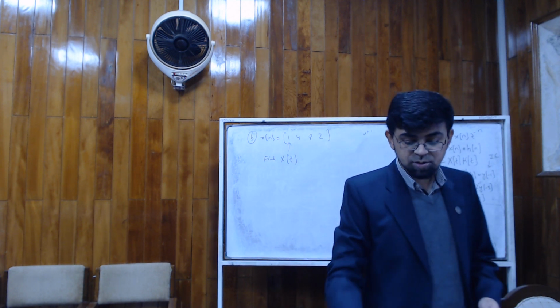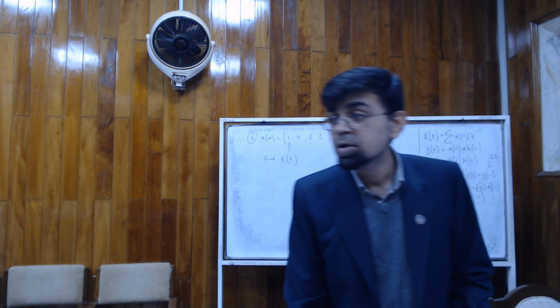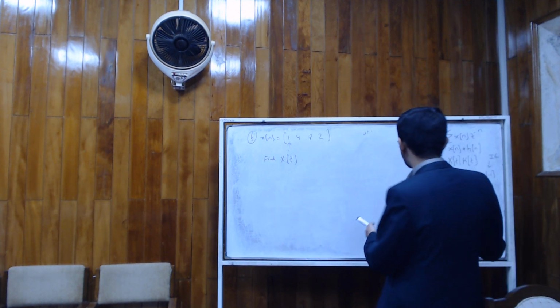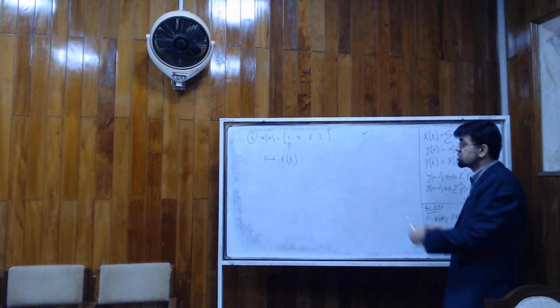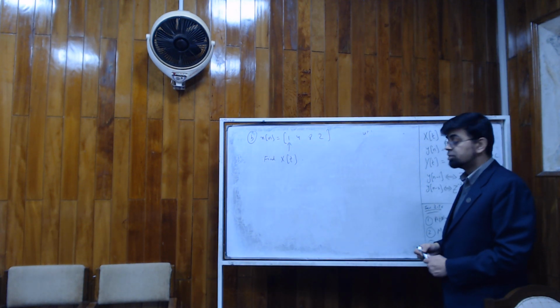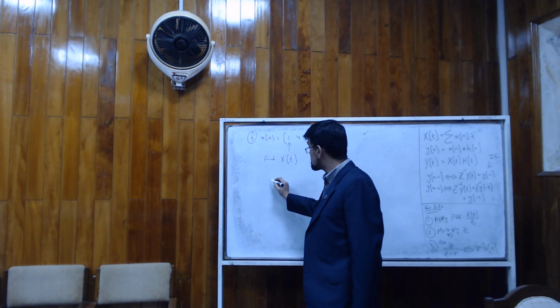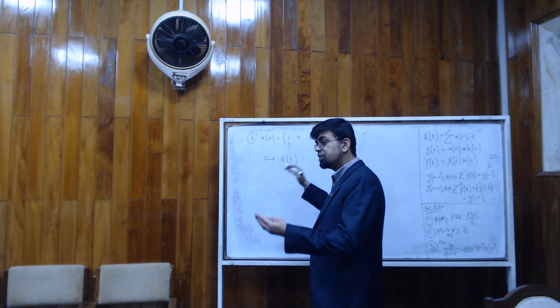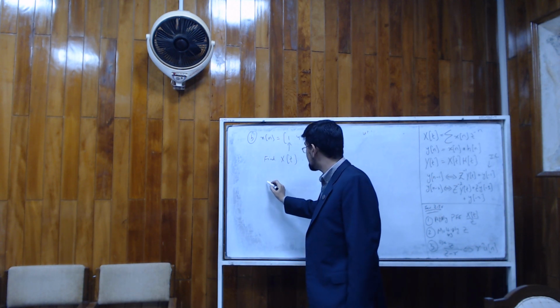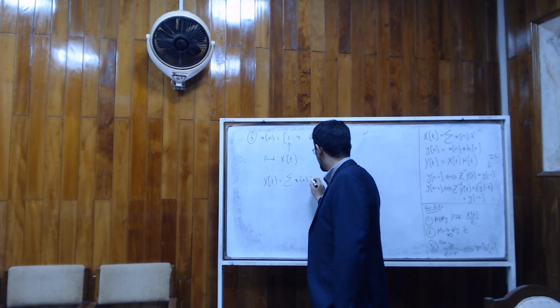Again, ask yourself always, what's this problem about? What is it that we know about it? What can we use? Again, by definition, because it seems the simplest thing to do. X(z) is summation x[n] z^-n, n is 0 to infinity.